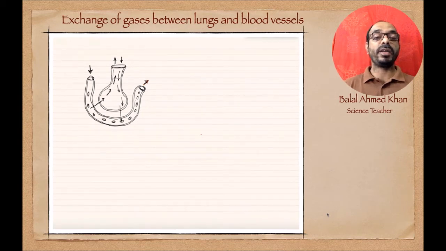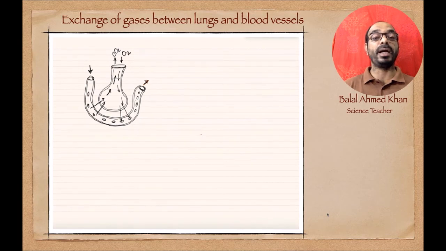Carboxyhemoglobin, or deoxygenated blood, releases carbon dioxide from the capillary to the alveolus. This carbon dioxide is released during exhalation from the alveolus to the outer environment through the nostril, and during inhalation, oxygen is received from the outer environment and transferred from the alveolus to the blood capillaries.